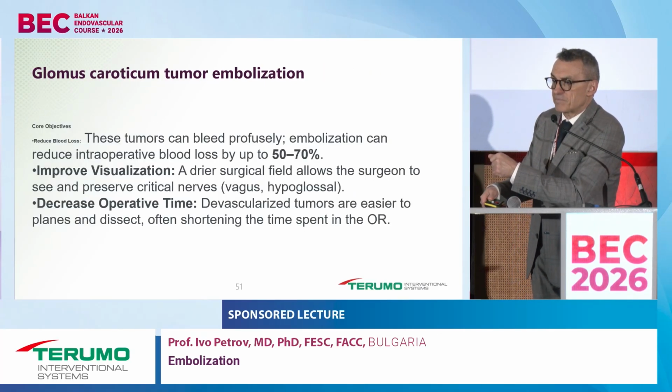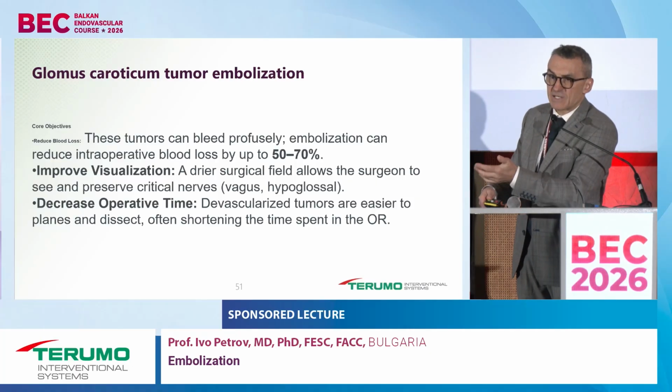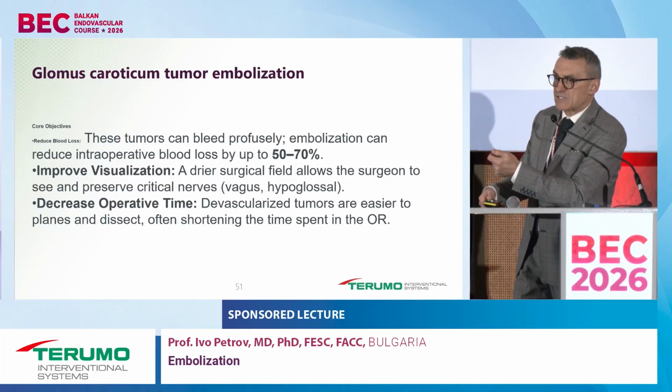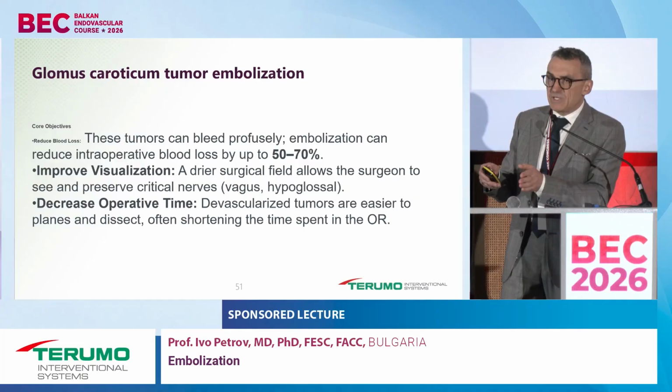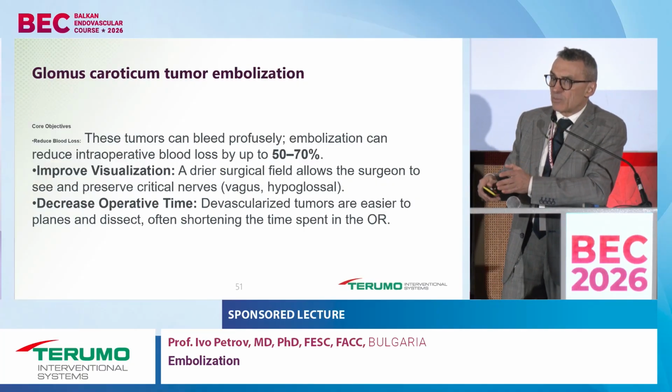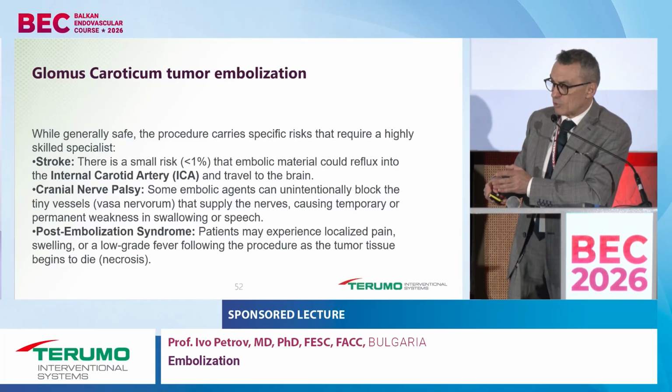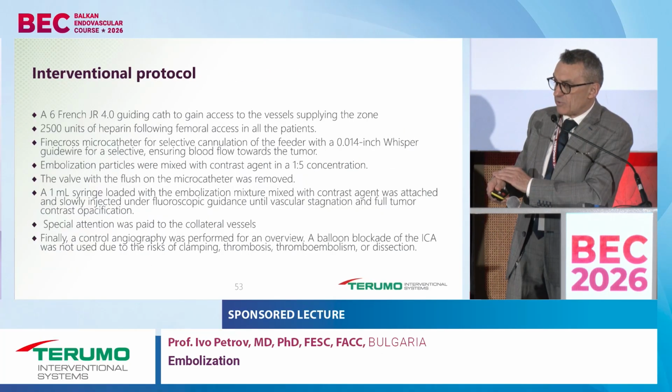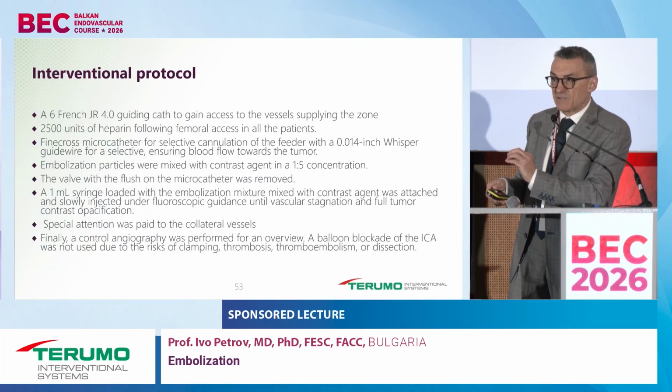And because of that, the second step, the surgery itself, has to be performed within one week after the embolization of the glomus caroticum tumor. And to be fair, it's not a piece of cake.